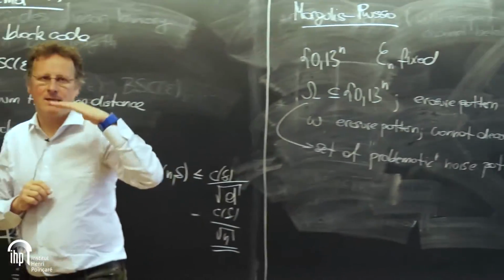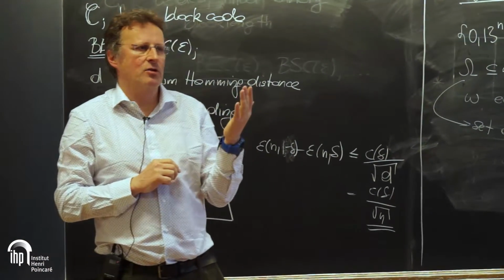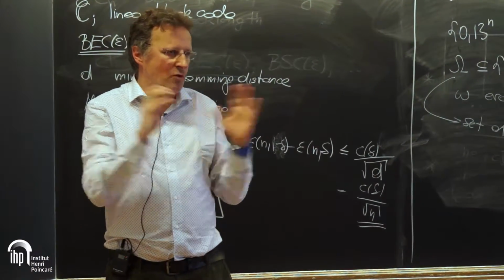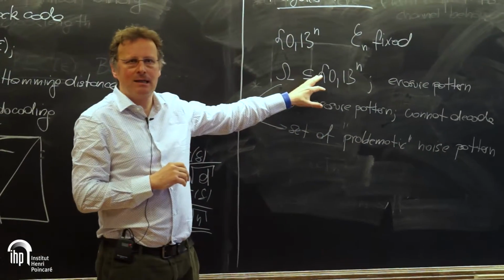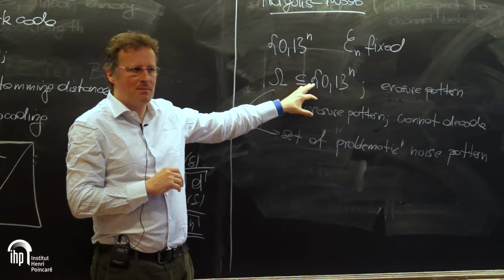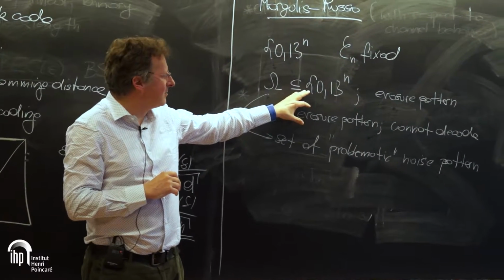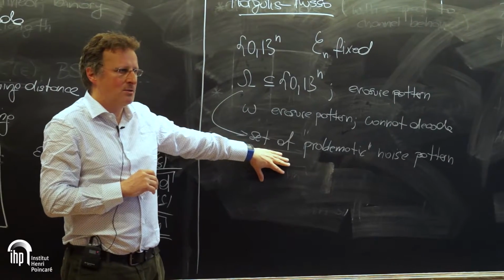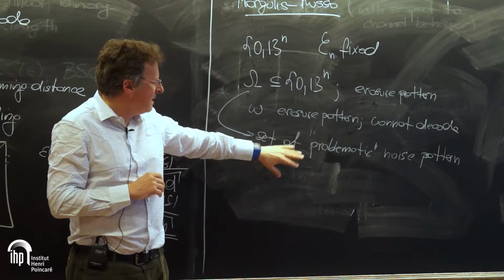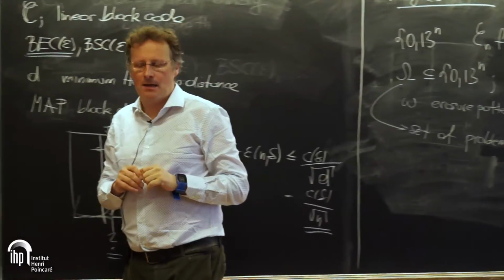For binary linear codes and symmetric channels, whether the decoder can decode or not only depends on the noise pattern, not on the actual thing that I sent. Here we're using the linearity and that the channel is symmetric. So it only depends on the noise pattern, independent of what the actual codeword was that was transmitted. And these are the set of problematic words.